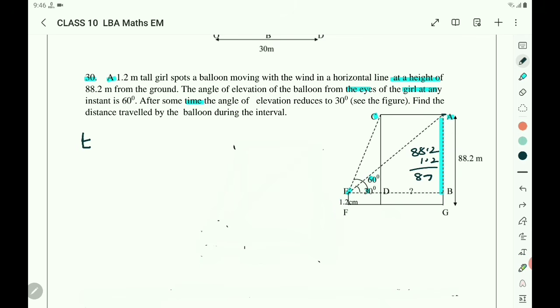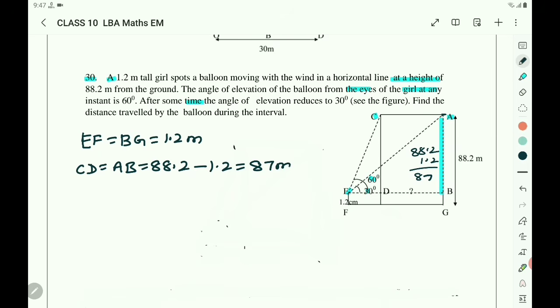That is the height of the girl. EF is equal to BG is equal to 1.2 meter, and CD is equal to AB is equal to 88.2 minus 1.2 equals 87 meter.